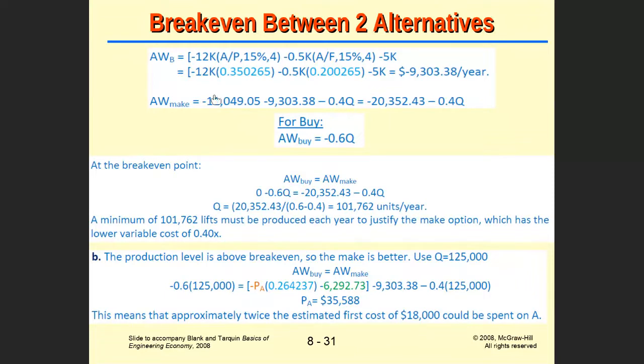When we add all of them up, we get the total cost for the making option, which is the $20,000 minus the 0.4 times the quantity.